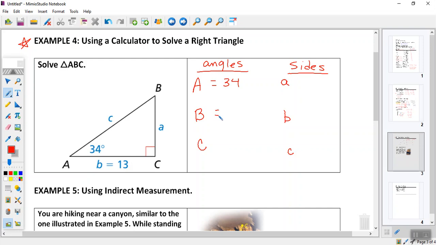One of your angles in this, at least in this section, is always going to be what, kids? 90. Okay? Let's talk about our sides. Do I know little a? Do I know little b? Yes. That's 13. Do I know little c? Okay. So here's the deal, kids. We need to find angle B and what else?